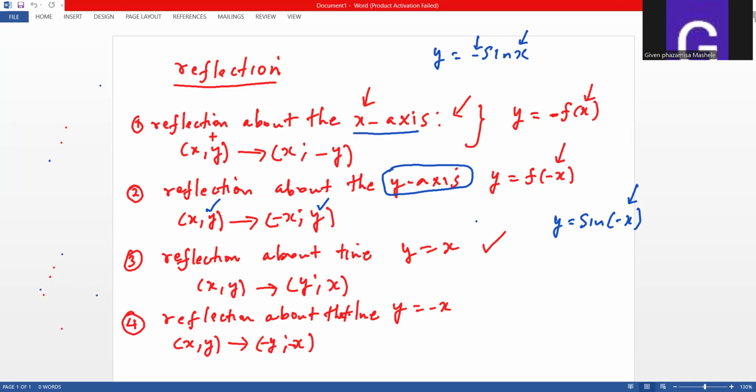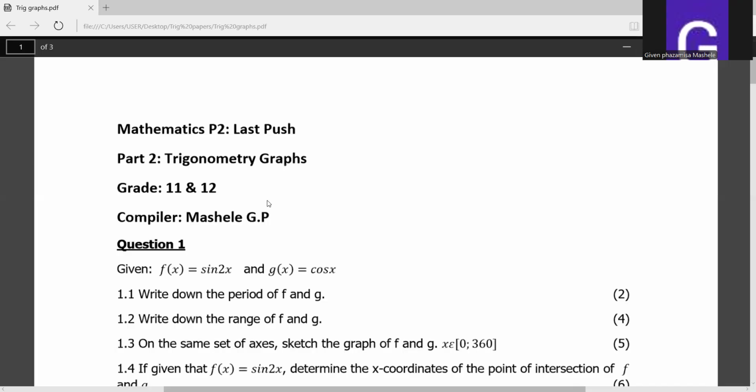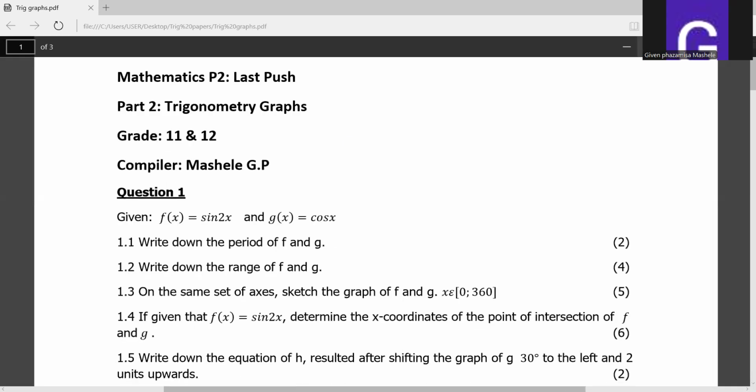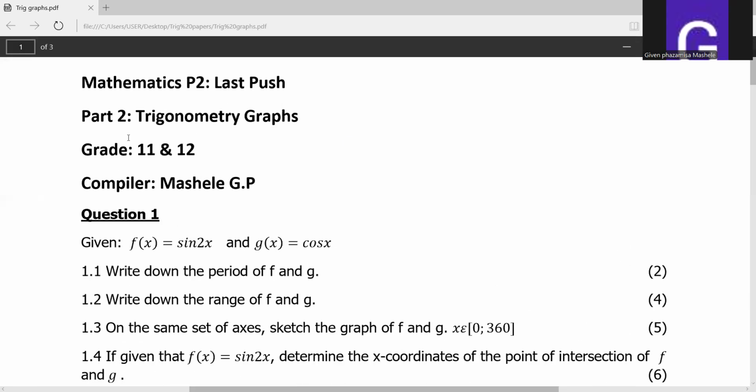All right, now let us move on. Okay, I believe you guys are following. Now let's deep dive into the question. Bear in mind, guys, this applies to both grade 11 and 12, but I'm going to deviate a bit to accommodate almost everyone.